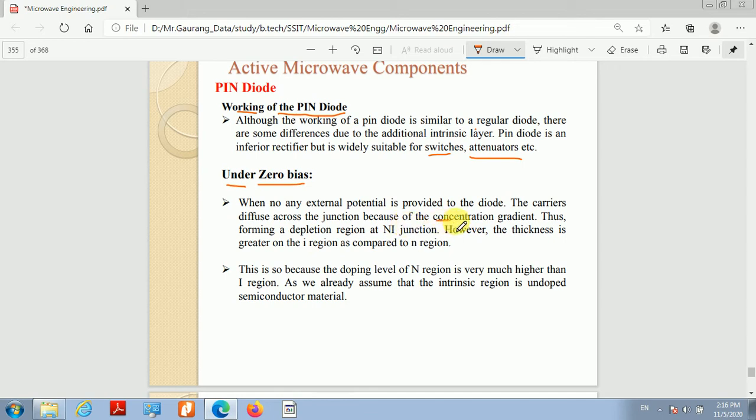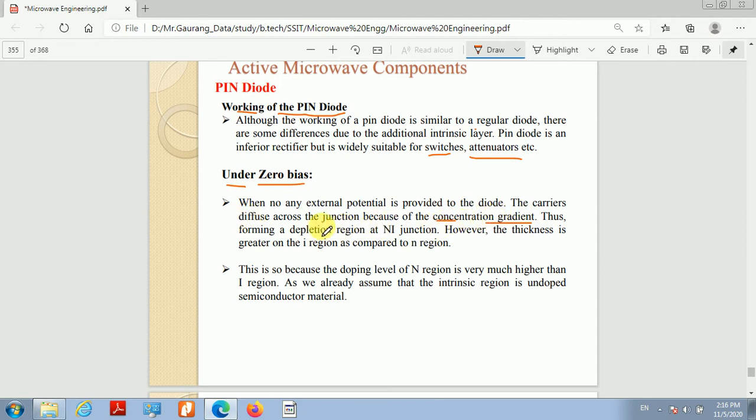Okay, मतलब कि concentration gradient का मतलब होता है कि एक जगह पे कैरियर का concentration ज्यादा होता है, दूसरी जगह पे कैरियर का concentration कम होता है. And because of the difference in the concentration in two regions, the charge will flow from higher concentration to lower concentration, और उसको हम बोलते हैं concentration gradient. And because of the concentration gradient, the carriers will diffuse across the junction.